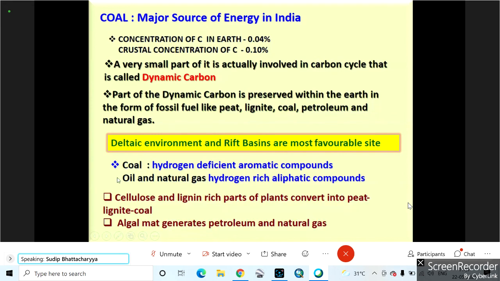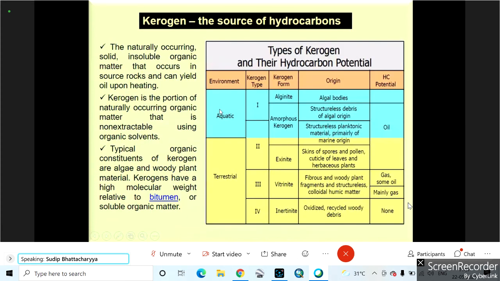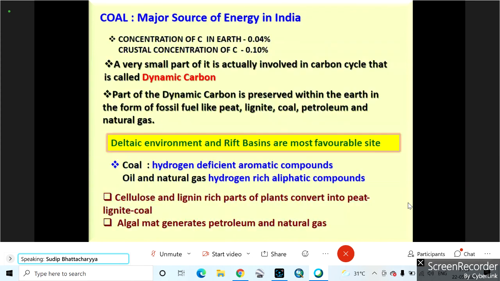So there is coal and lignite. Before going to any type of hydrocarbon, the mother of the hydrocarbon, what we are saying everywhere, whether it will give you coal or lignite, or gas, or petroleum and natural gas.